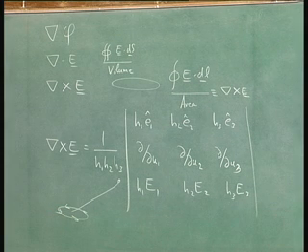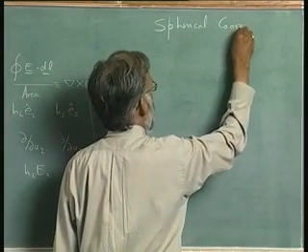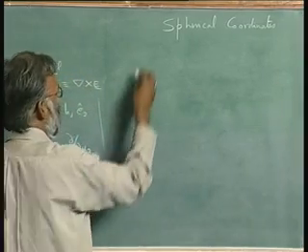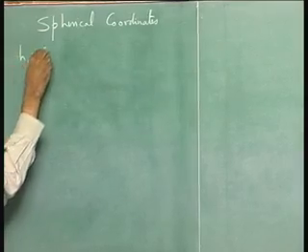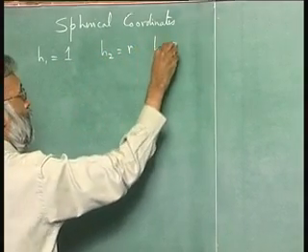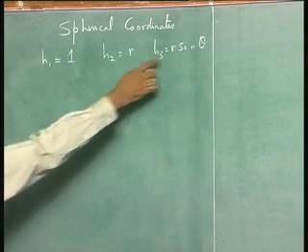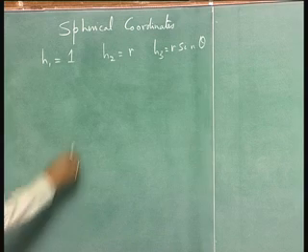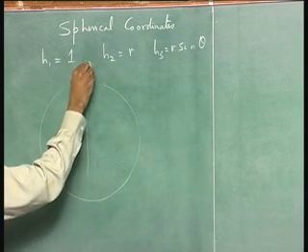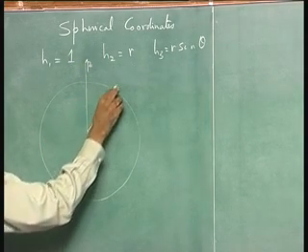So for spherical coordinates, I have already explained where we get h1, h2, h3, the values are 1, r, and r sin theta. The coordinates, this is the z axis, this is any point.